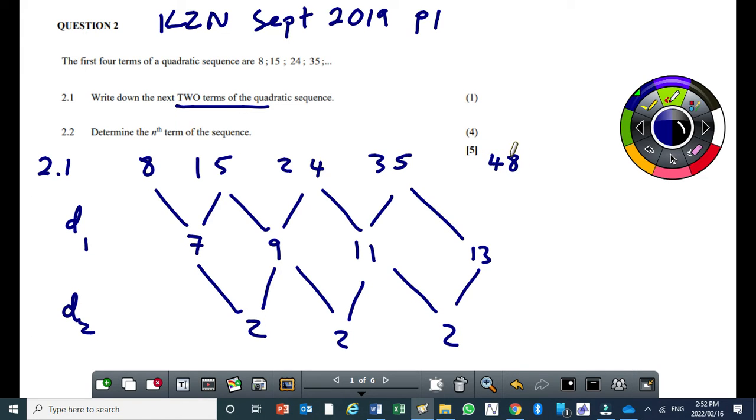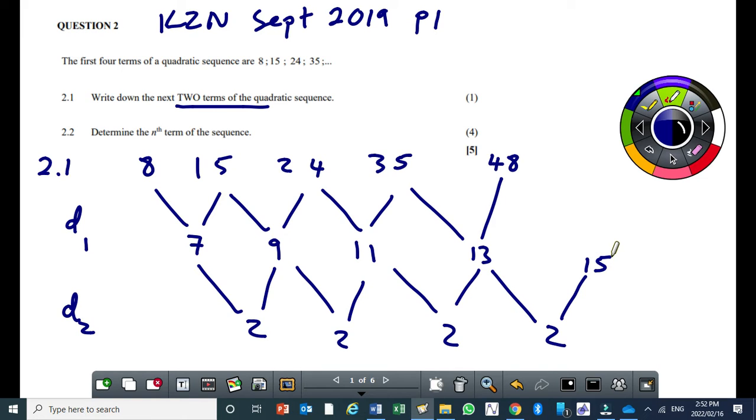Are you following what I'm doing? There is a number such that 11 was subtracted from it to get 2. And that number is what? 13. 11 plus 2 gives 13. So 13 plus 35 gives you 48. Right? Then we carry on. We put another 2. 13 plus 2 gives 15.